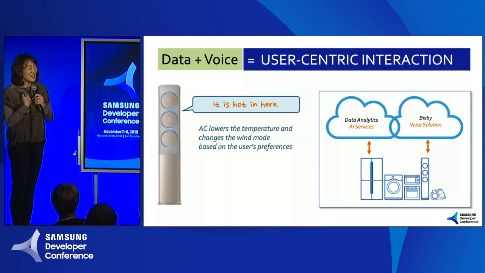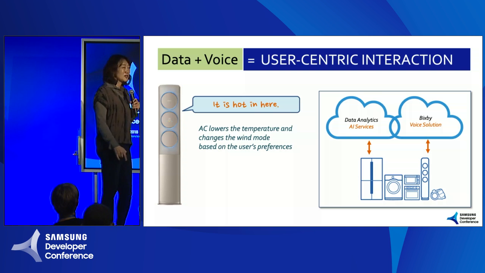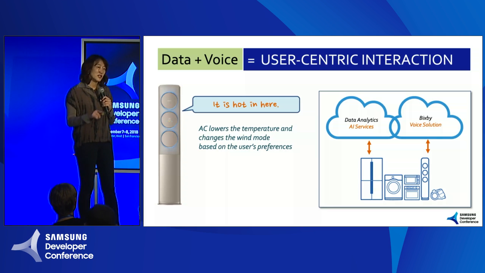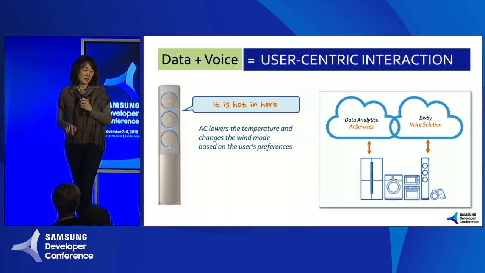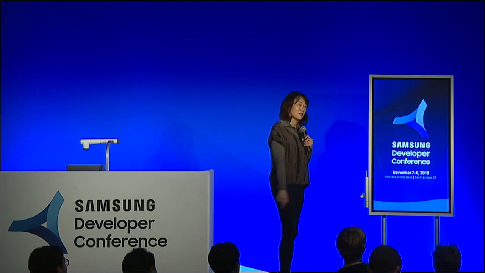I'm just telling it that it's a little hot in here. Upon receiving that command, it knows my preference, and it will lower the temperature to the preferred temperature, and set the wind mode based on my past experiences. So we build a new model, customized for every device, and that's running on the cloud. I call this user-centric interaction.